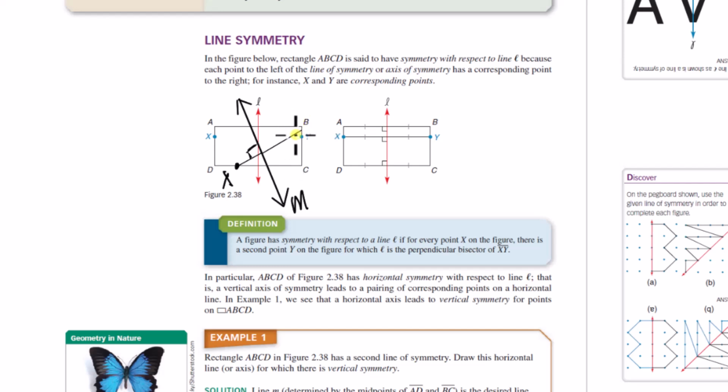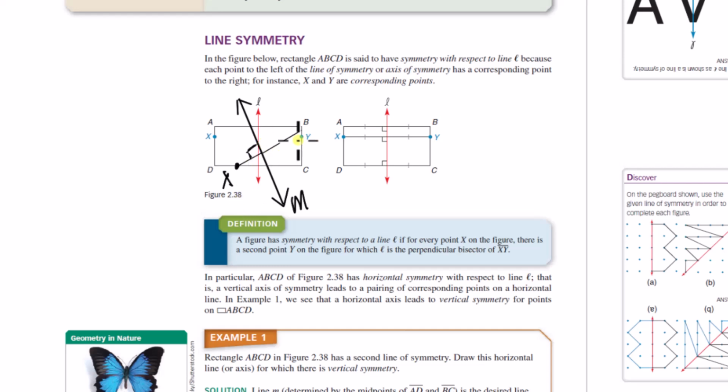Okay, and then where it gets to the figure, that's point Y. These two line segments need to be congruent. And you can see in this case they're not, so we just found one point that doesn't have a corresponding point. So that means that this figure is not symmetric with respect to line M. Right, so it's going to be perpendicular here, you see?